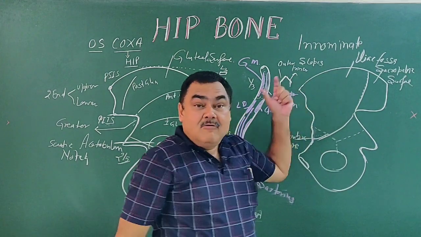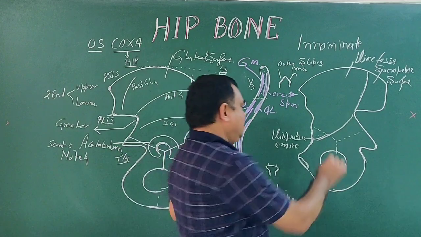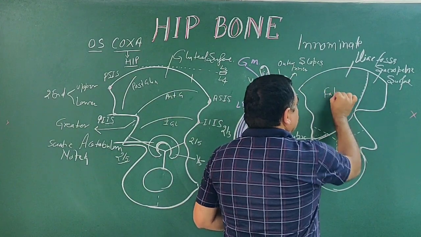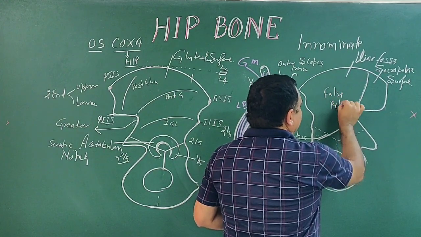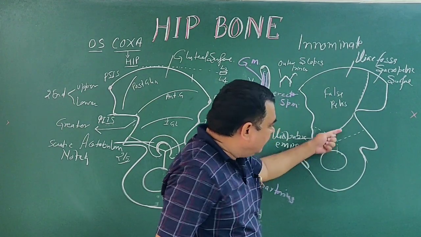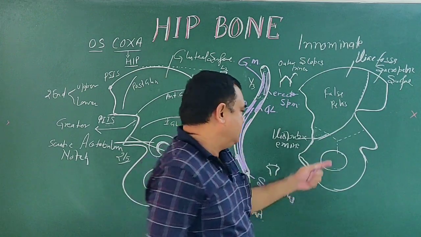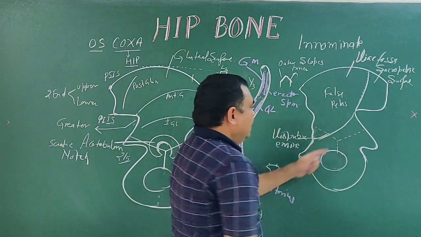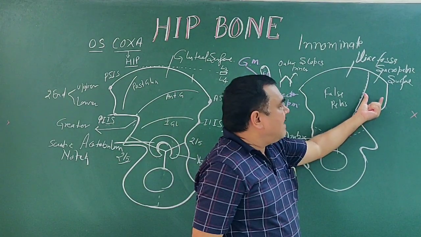The true pelvis lies below the arcuate line, which we will discuss later.